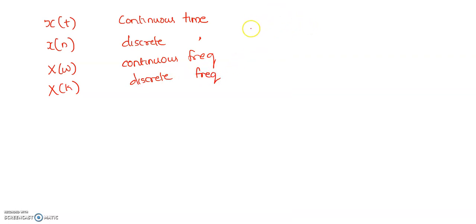So we start off with CTFT, and as we already know, it converts x of t to x of omega.